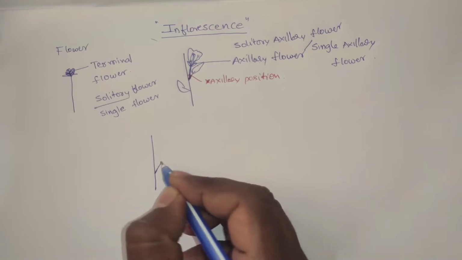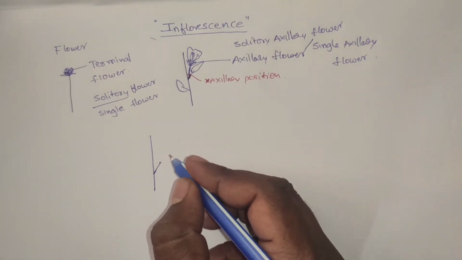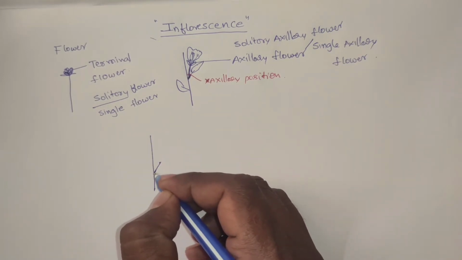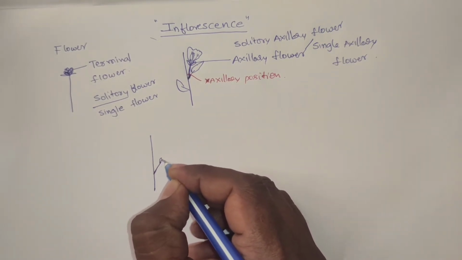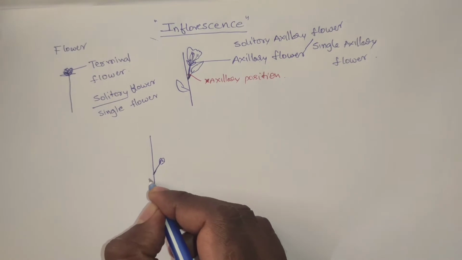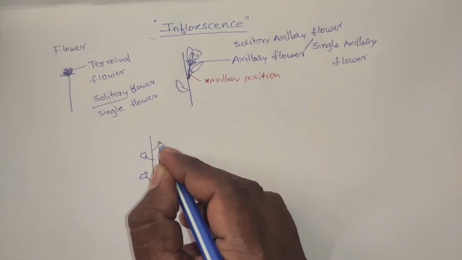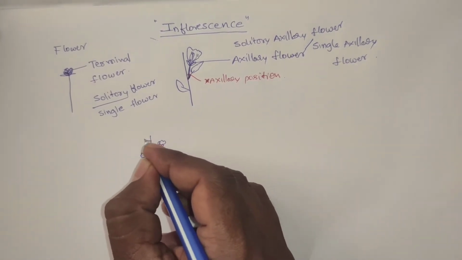For example, here you can see this is one flower, and again another flower, again another flower.